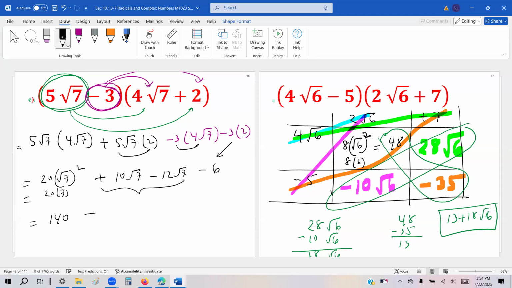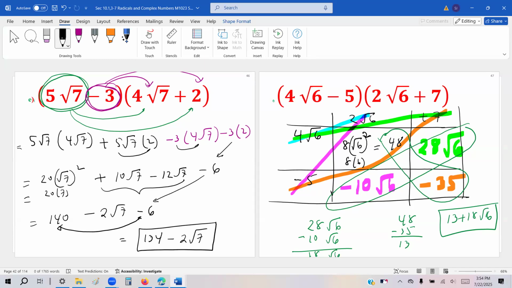These two are like terms, so we get minus 2 root 7, and you bring down the 6. Now these two are like terms. These are numbers. So you get 134 minus 2 root 7. That's it.